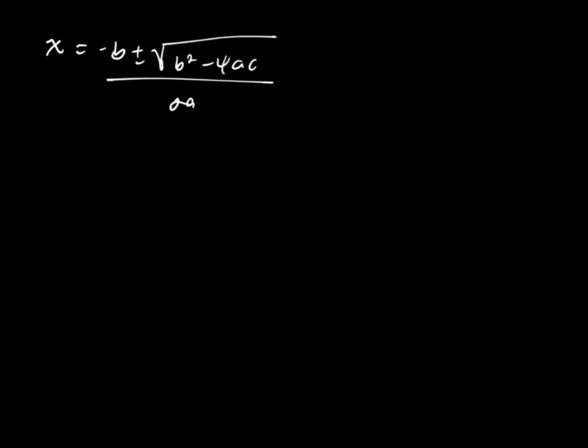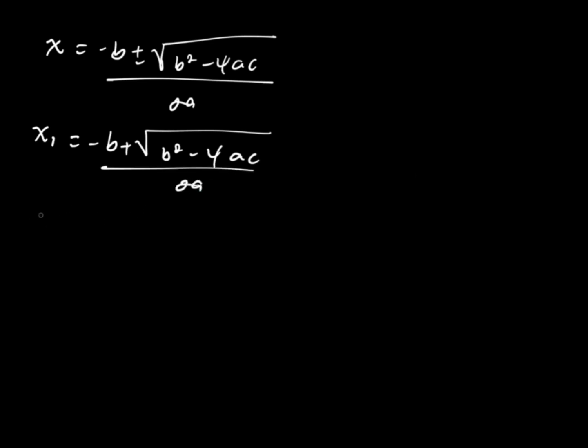Now let's find out what we get if we take the sum and the product of the roots. We know that x1 in this case would be equal to negative b plus root of b squared minus 4ac all over 2a.